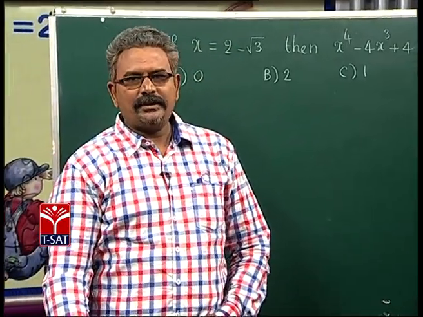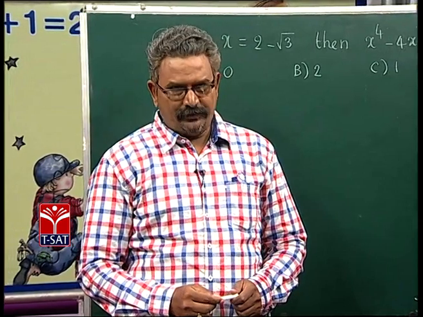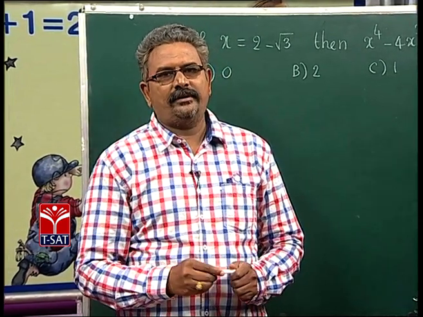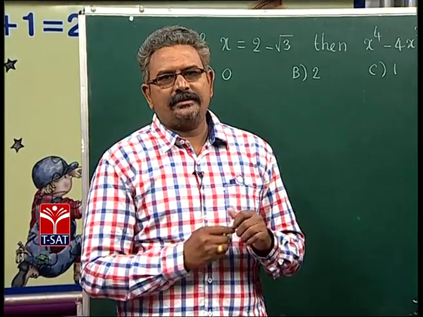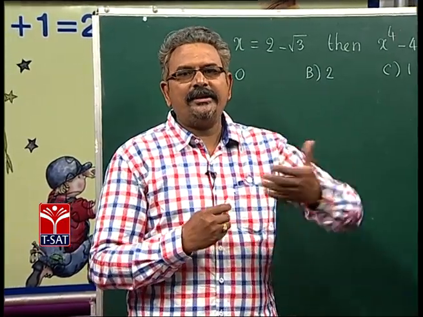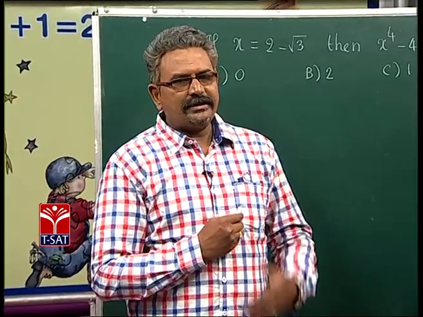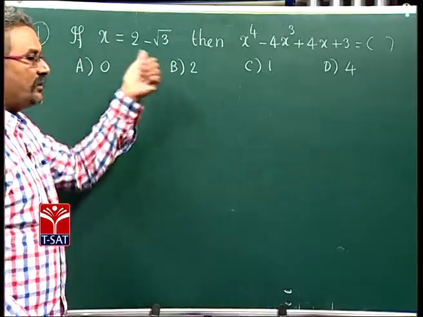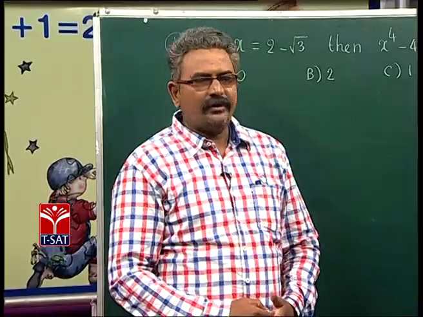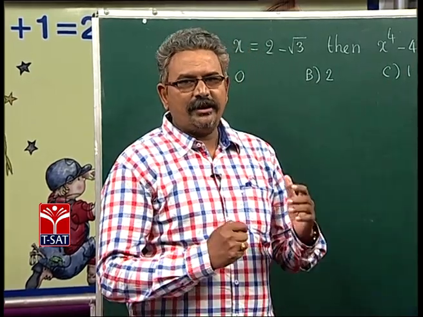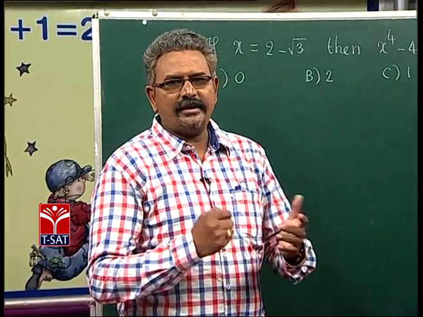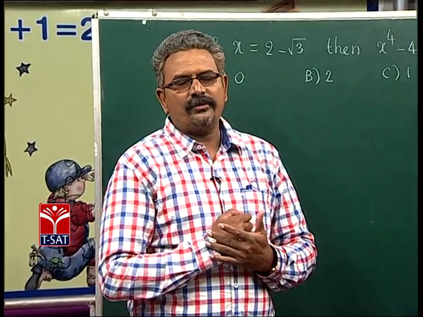Okay, this problem can be done in 3 ways, but of all the methods, let us discuss the lucid, easy method. As we have x is equal to 2 minus root 3, if you replace it, you can imagine that it becomes very tedious and the calculations will be more.